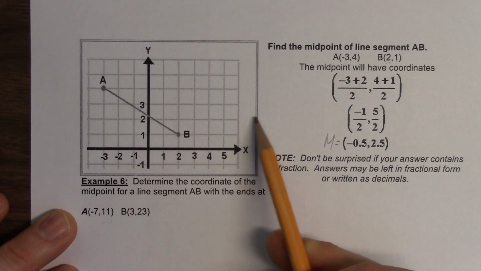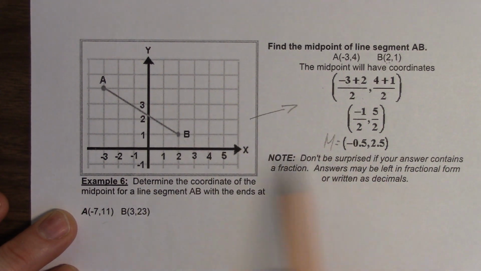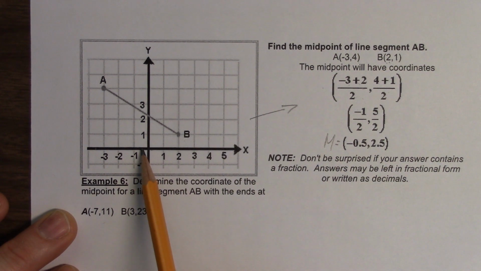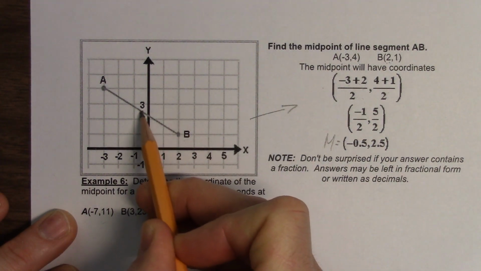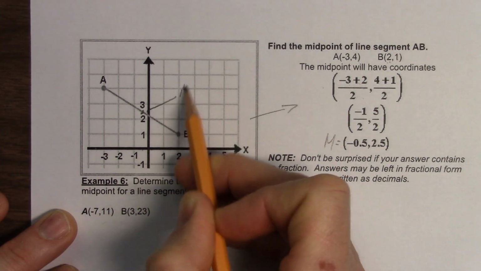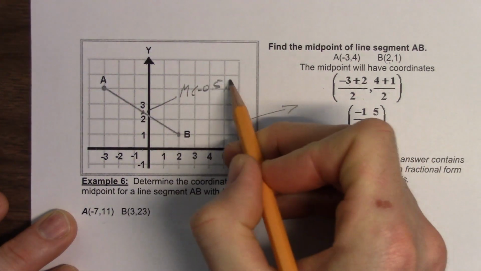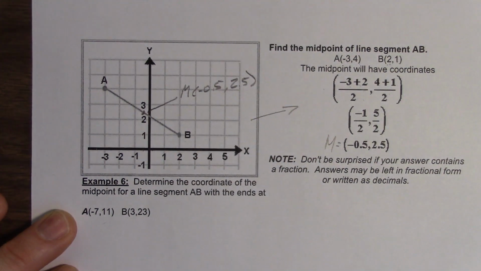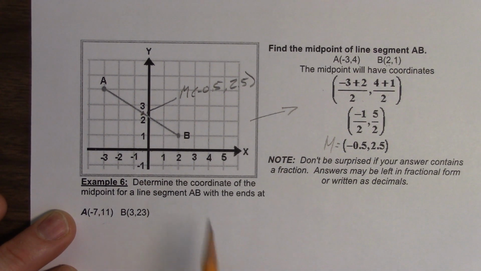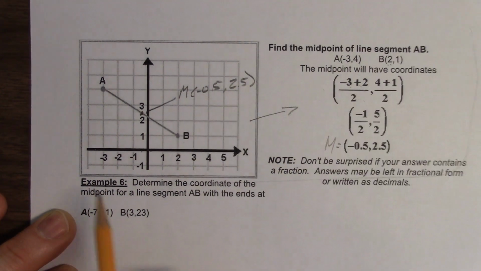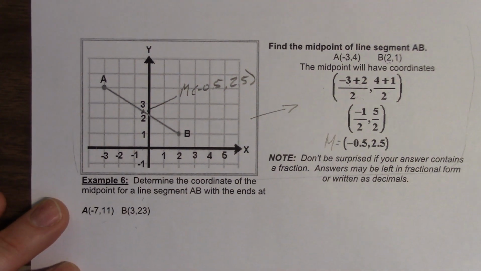This example here was for this. So negative 0.5 and 2.5 is right here. So this is our midpoint. Okay, that's this example. Now example 6 is going to be down here.